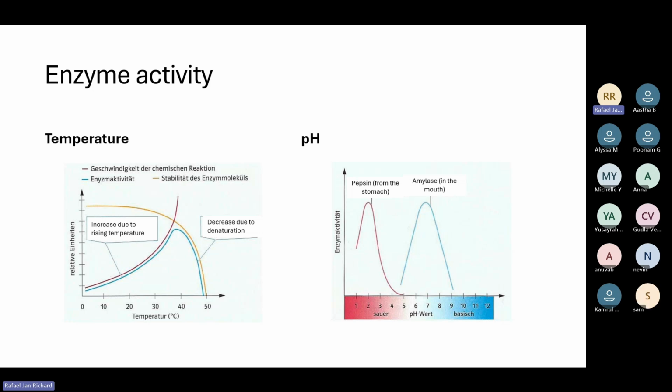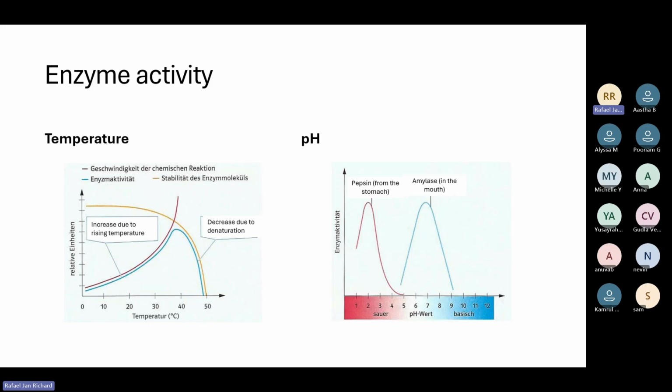And as you all know, the stomach is really acidic, and this necessitates that the pepsin enzyme is made in a way that makes it very active at very low pH.